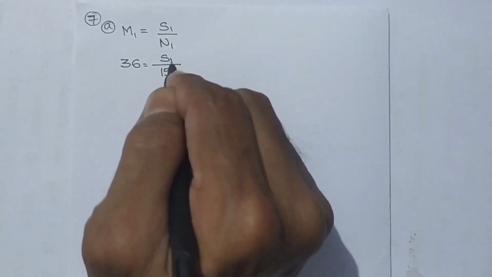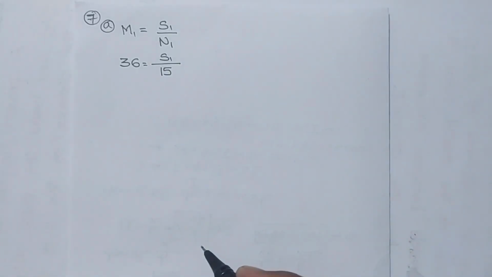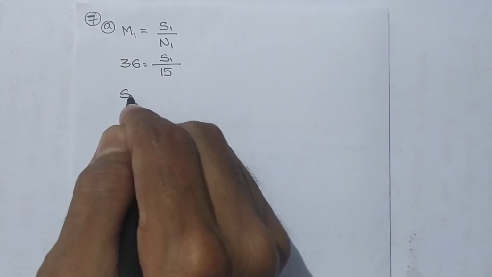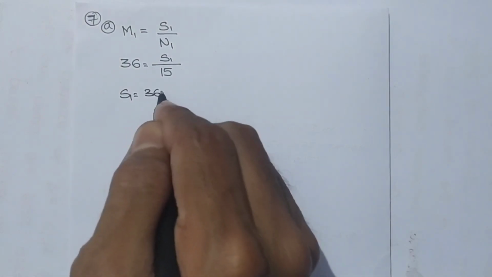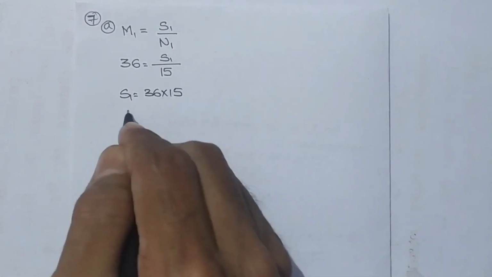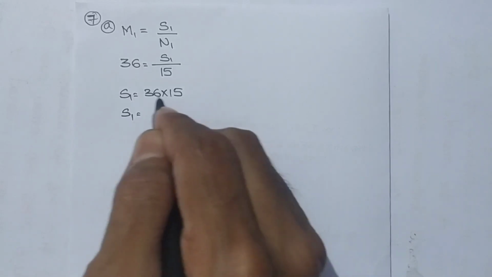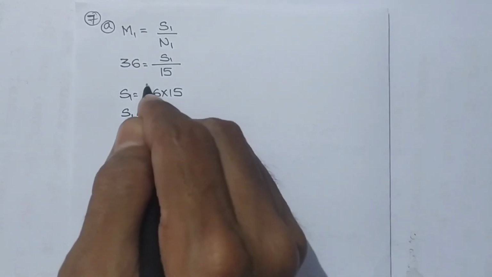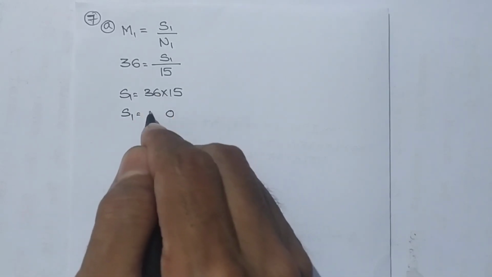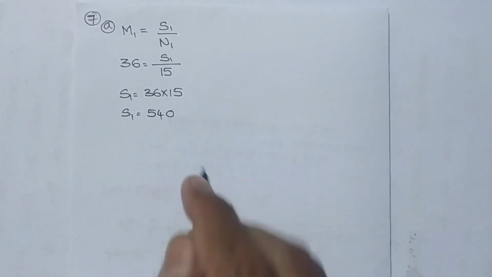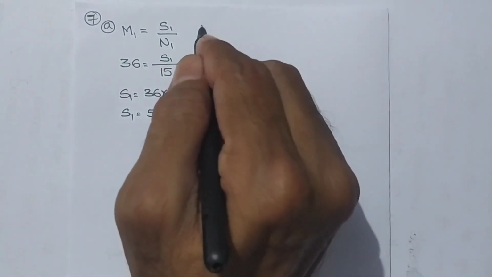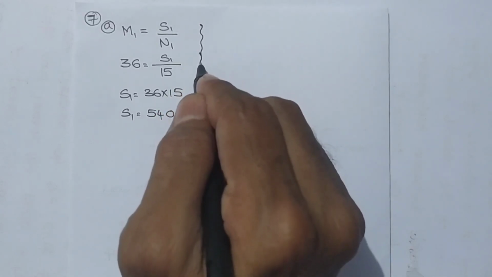So here sum 1 can be found using this equation. So sum 1 is 36 into 15 when we do cross multiplication. Then sum 1 will be 15, 6 are 90, here 9 is carried forward. 15 plus 9 is 54. So 540 is the sum 1. Clear?